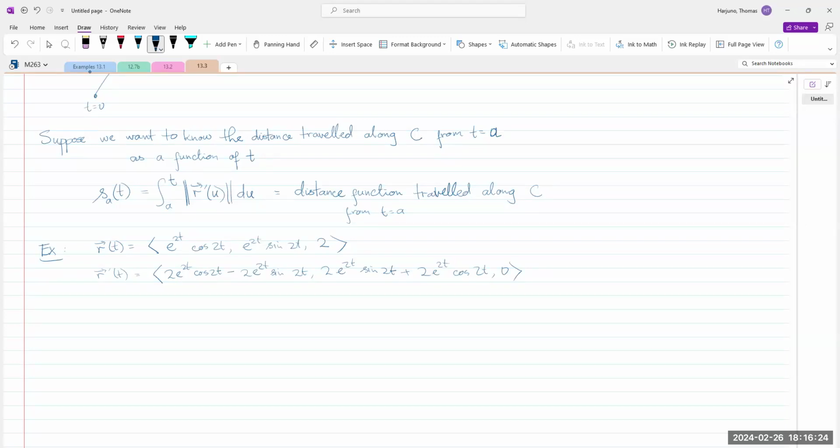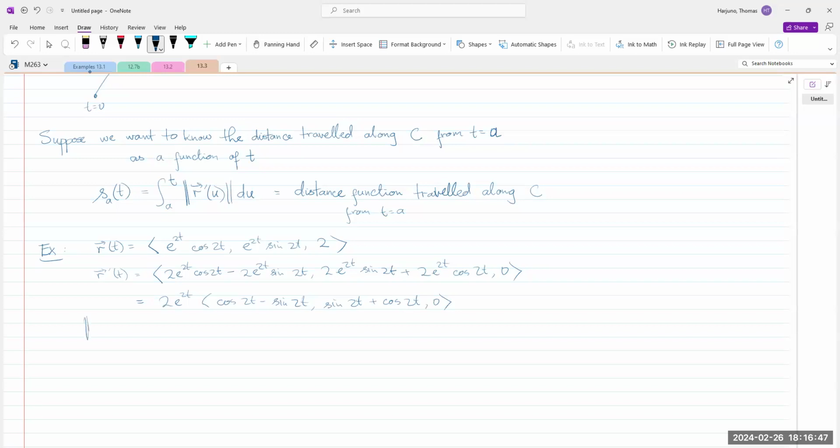The magnitude is, oh, you know what, before I really compute that, let me factor out the 2e to the 2t: 2e to the 2t times (cosine 2t minus sine 2t, sine 2t plus cosine 2t, comma 0).